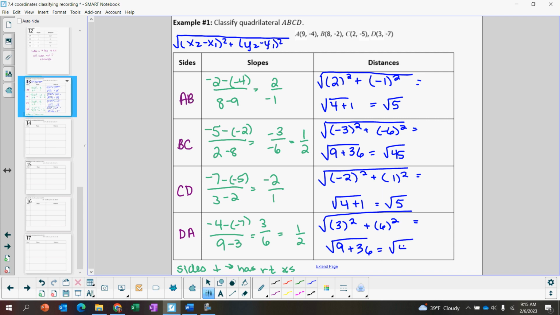That's the square root of 45. So when I look at the distances, square root of 5, square root of 45, square root of 5, square root of 45, all sides are not congruent. So our shape does have right angles, but all sides are not the same. So I would call this a rectangle.